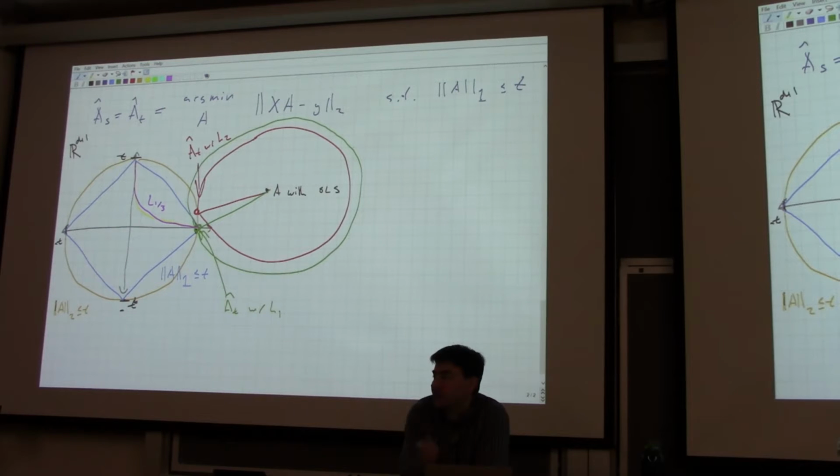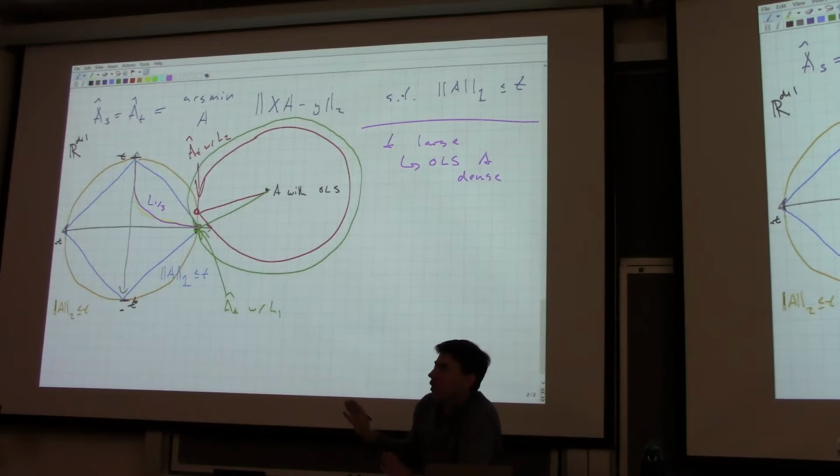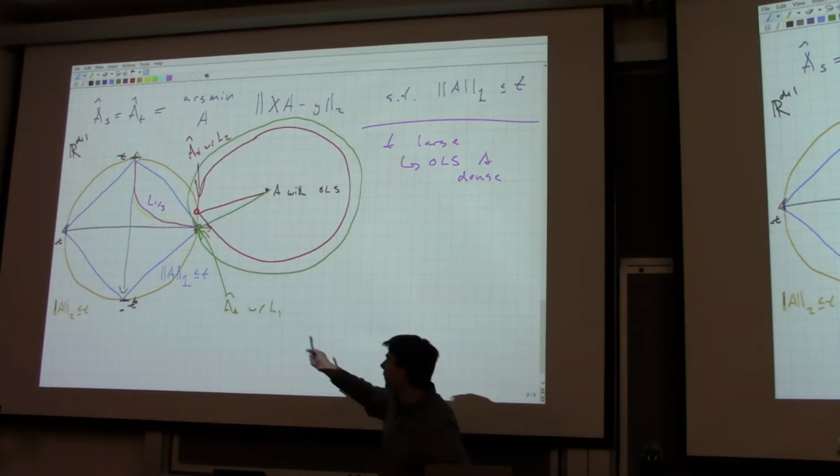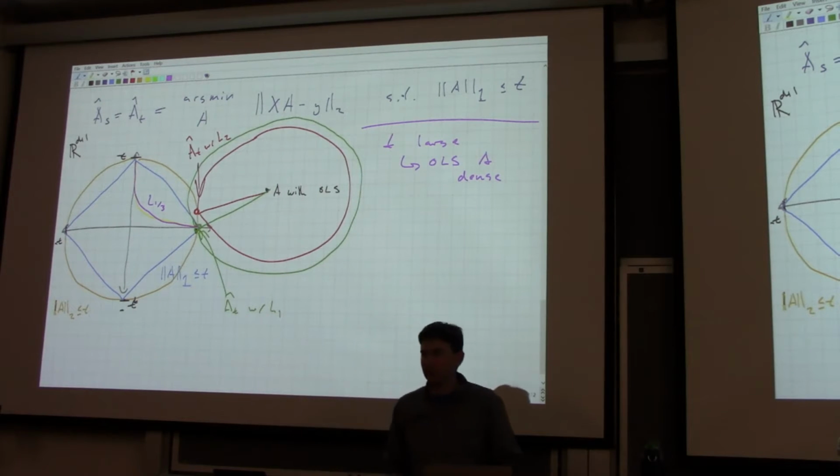It's going to be exactly the least squares. It's not going to put any constraint on it, and the least squares solution is going to be dense. So for t large, you get the ordinary least squares solution, which is basically all non-zeros unless you get lucky and it happens to lie right on one of the zero coordinates.